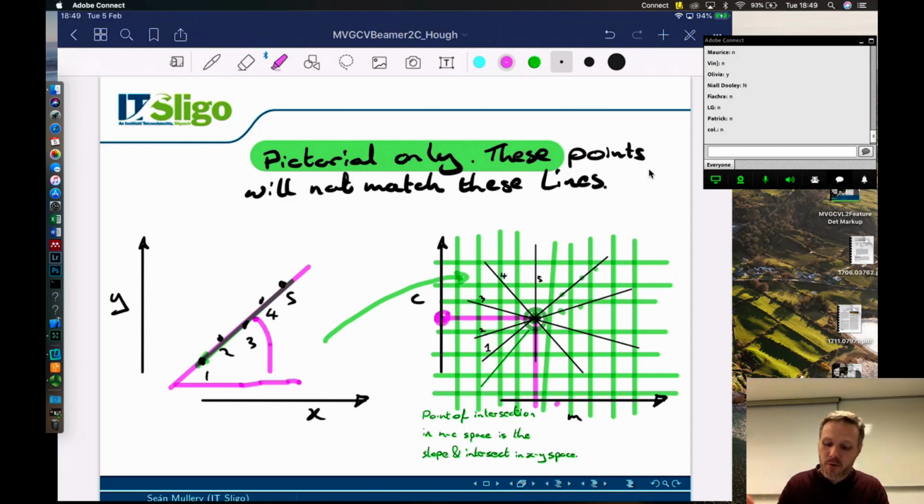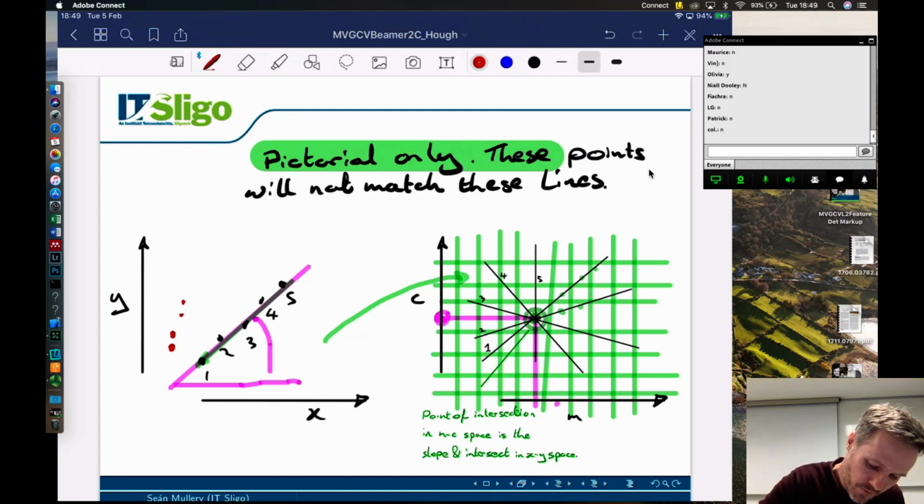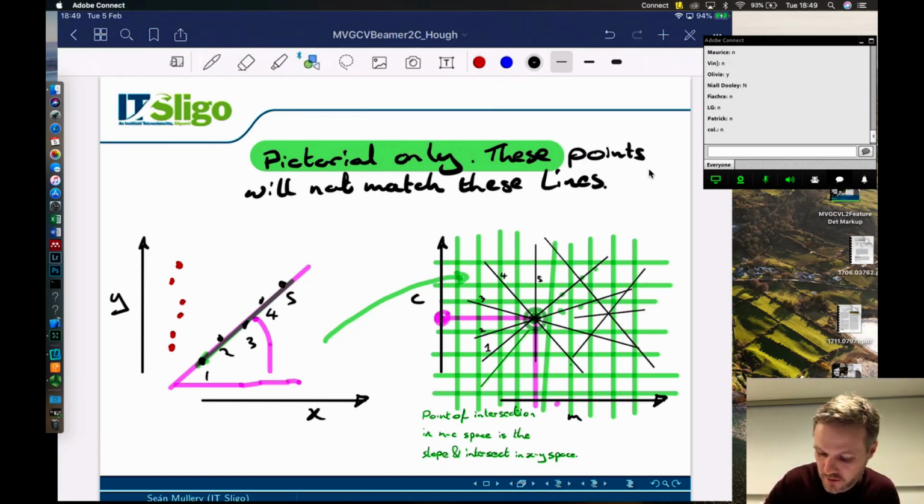But the point is that if I have some other set of points here, they're going to end up with a load of lines that are in a completely different part of the space, but nonetheless all crossing each other maybe in some place, maybe in this one over here, and they will have a different M and a C associated with them. And therefore, we'd read off 2 very definite M's and C's, and we would draw those lines.